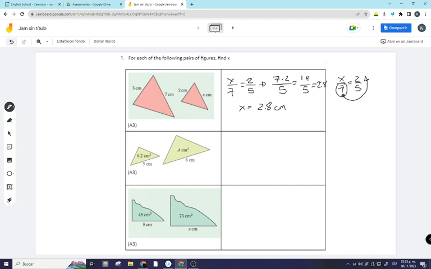Since this is dividing, it goes to multiply. So it's x equals 2/5 times 7. Since we have a fraction and a natural number, we can put a 1 underneath it and multiply it normally. 2 times 7 is 14, 5 times 1 is 5, and we get the same result, so x is 2.8 centimeters.